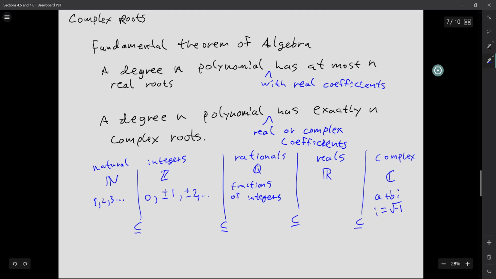So what we're going to see is that I'm going to continue factoring some of these polynomials beyond what should normally be possible. So for this one, we're just going to take a relatively simple example. Start with p(x) equal to x cubed minus 3x squared plus x minus 3.